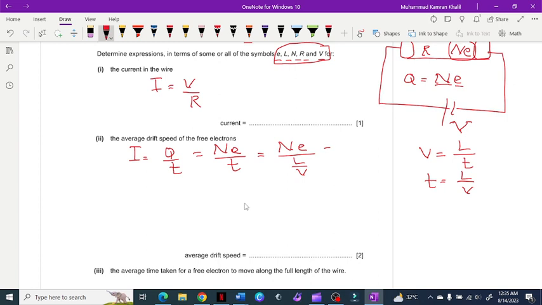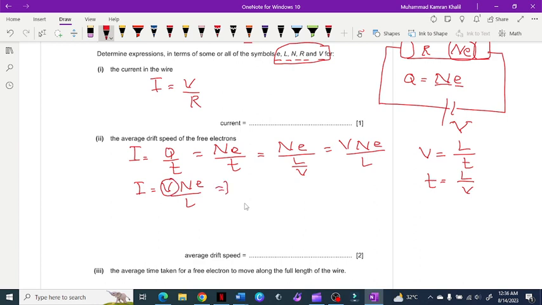By doing the reciprocal process, the v goes in the upper direction: v N e over L. So I equals v N e over L. Now this v is the speed, and we will make it the subject.